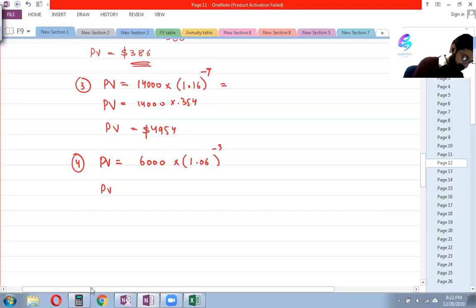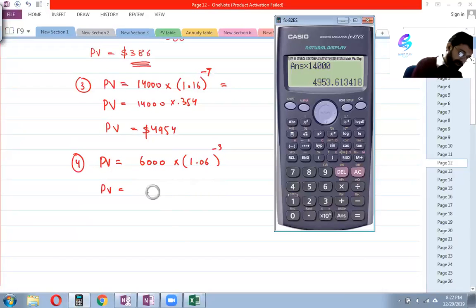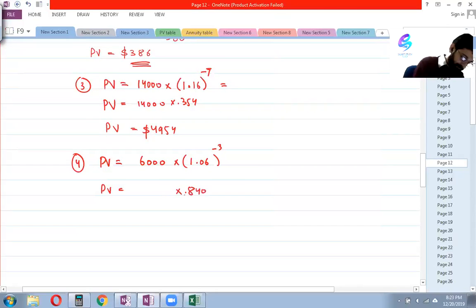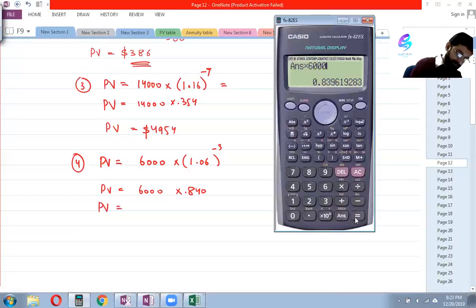So the present value will be, again, I'm saying, guys, do it in 2 steps, please. 1.06 raised to the power minus 3. That will be 0.839 or 0.840, right, if you round it. So the present value will be 5037.